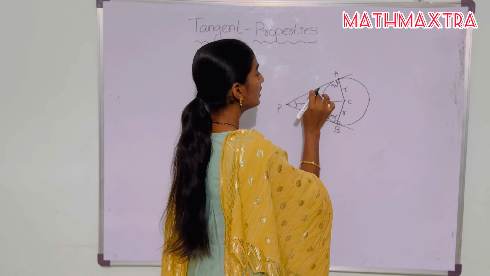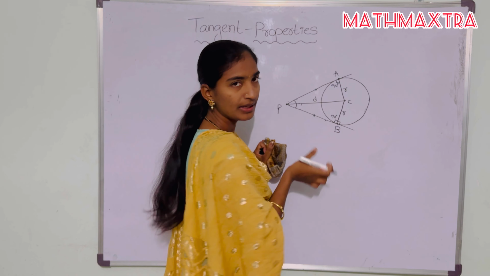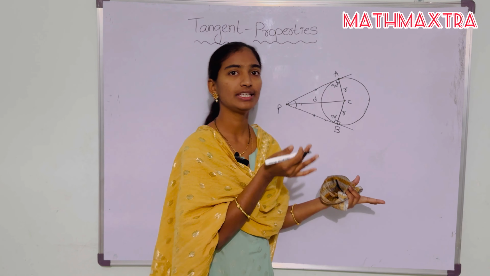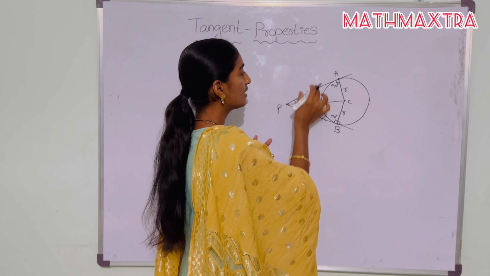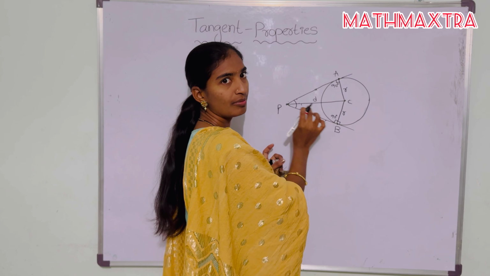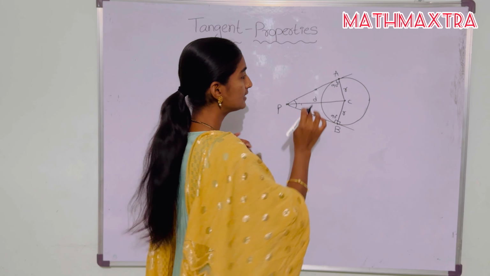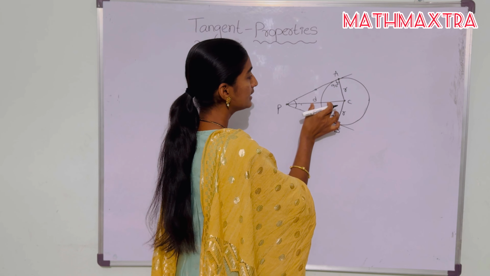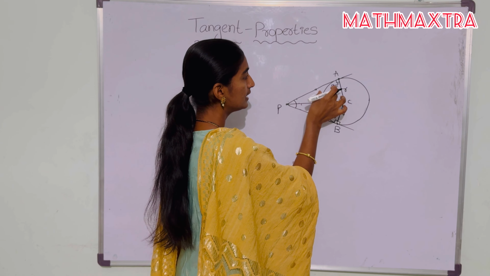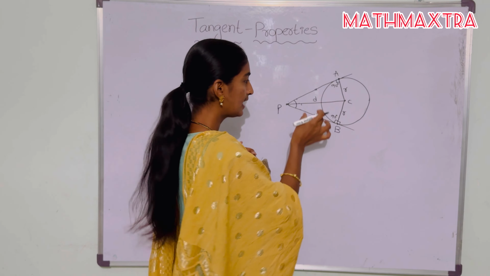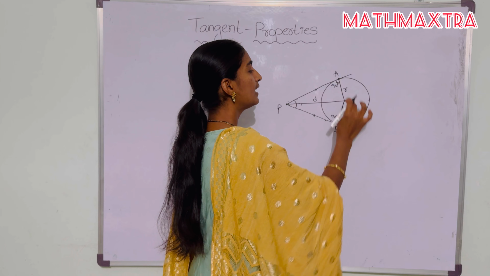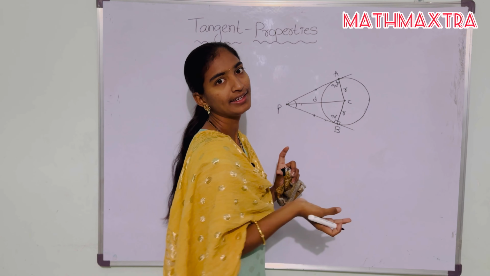As PA is equal to PB, because just now we have seen the property that the lengths of the tangents drawn from an external point are always equal. These two are equal, and this is a common hypotenuse for both triangles. This side is also equal because both are radii.